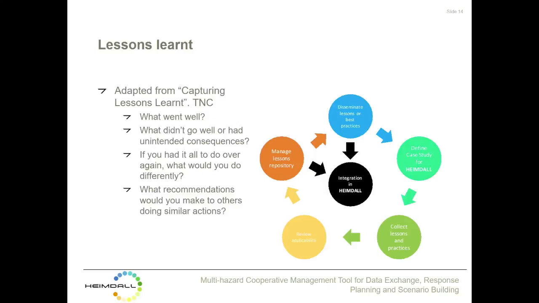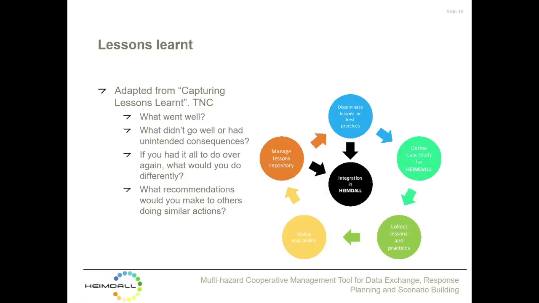team to identify strengths or weaknesses from the consequences of a specific incident through questions like what went well, what didn't go well or had unintended consequences, or questions like if you had it all to do over again, what would you do differently, or what recommendations would you make to others doing similar actions or similar projects.